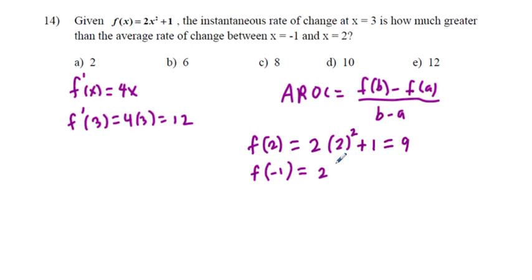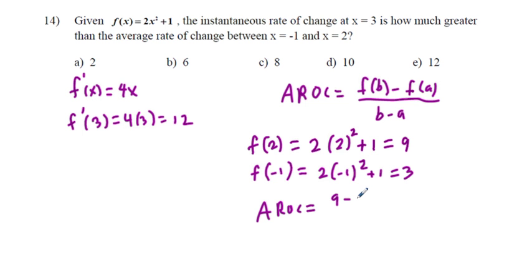So 2 times negative 1 squared plus 1, that's going to be 3, right? So the average rate of change is going to be f of b minus f of a.